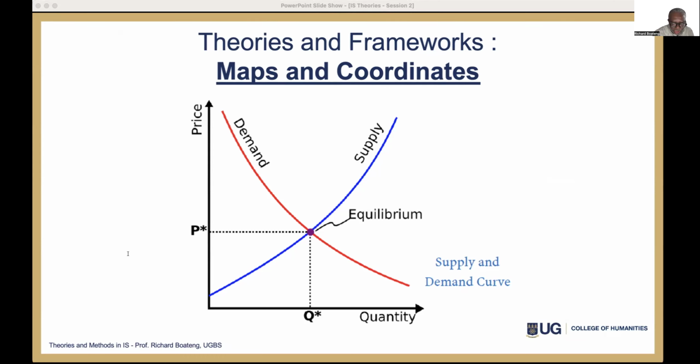Quite a number of economists use this particular theory to explain a lot of things in society.